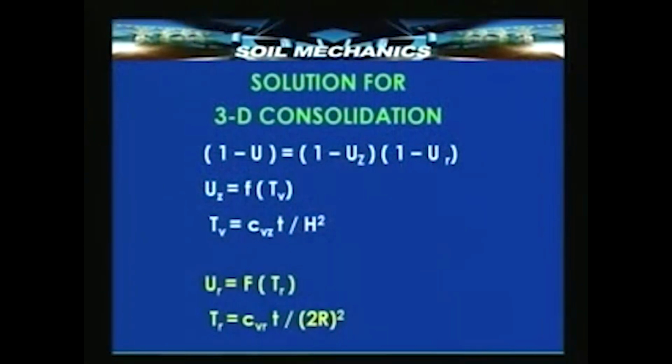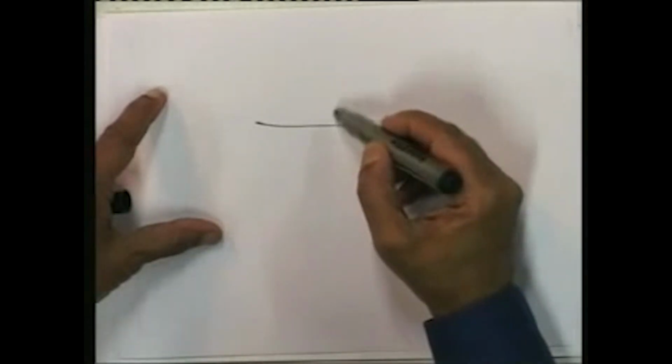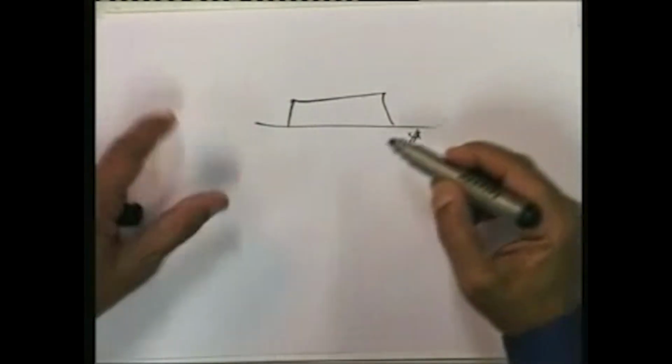Although the concept of 3-dimensional consolidation was introduced, I considered only a very specific instance of 3-dimensional consolidation, and that is the radial consolidation. What we discussed was that 3-dimensional consolidation basically involves consolidation in the vertical direction. Suppose this is the surface and you find that due to some load consolidation takes place.